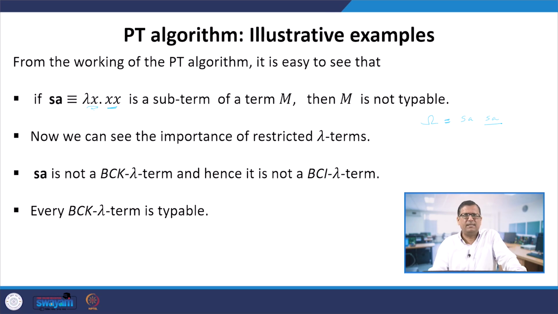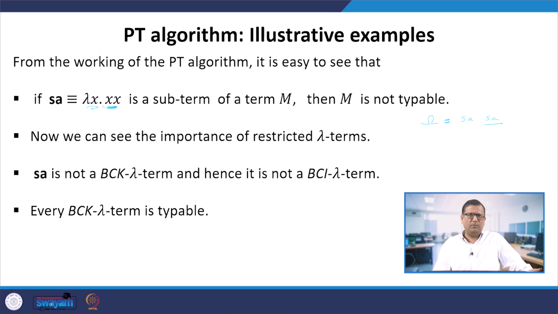That means SA is not a BCK lambda term, and a BCI lambda term is one that is both BCK and λI. So hence it is not a BCI lambda term. BCI lambda term means it is non-cancelling and non-duplicating. So here it is duplicating. So SA is not a BCI lambda term as well.